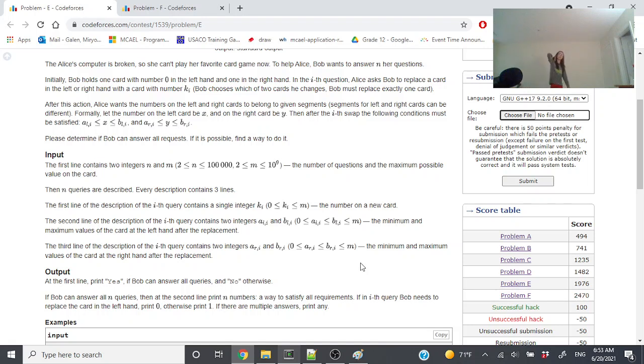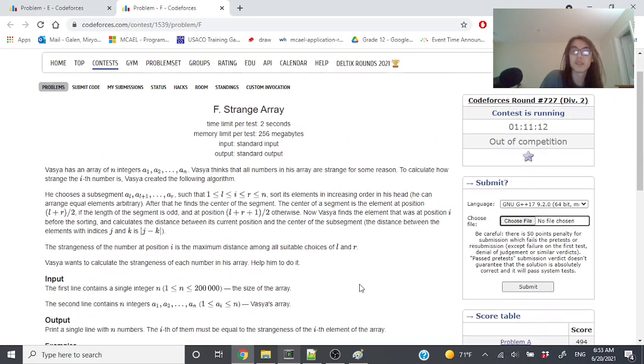So let's see. Query problem is swap card left hand. Okay, sure. And what's F?